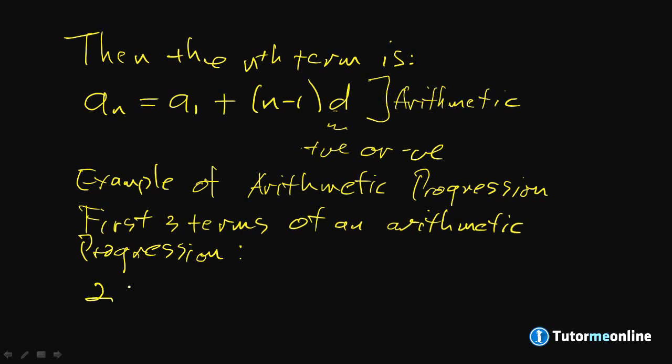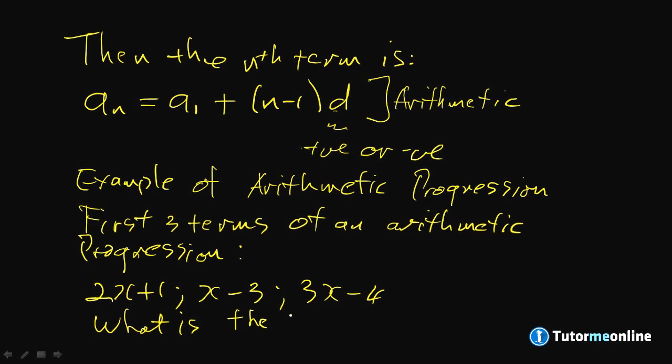The first term is defined by 2x plus 1. The second term is defined by x minus 3, and the third term is defined by 3x minus 4. The question of the examiner now is, what is the value of x?